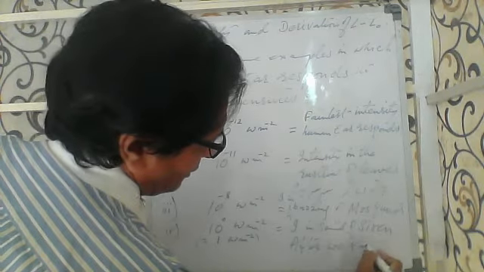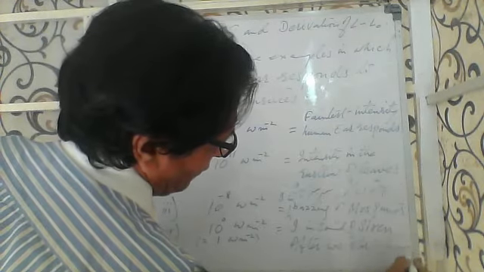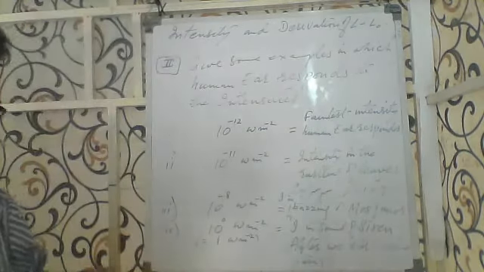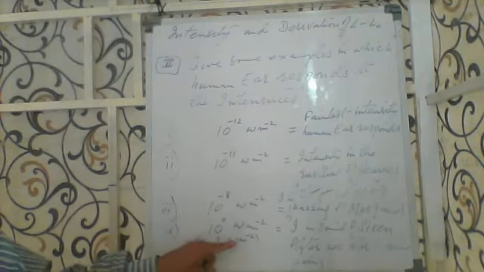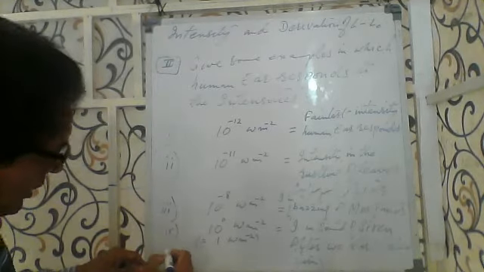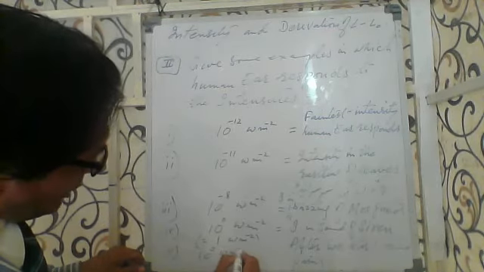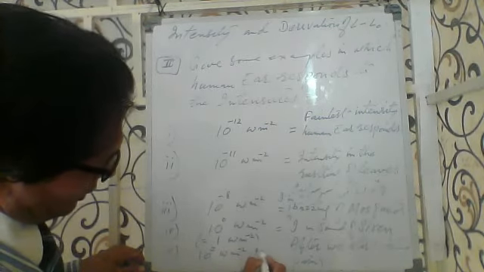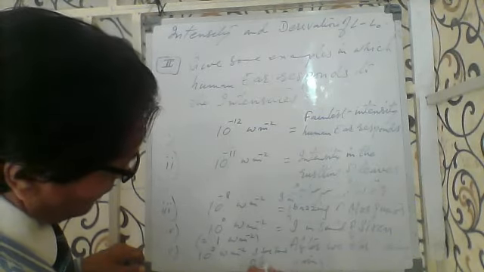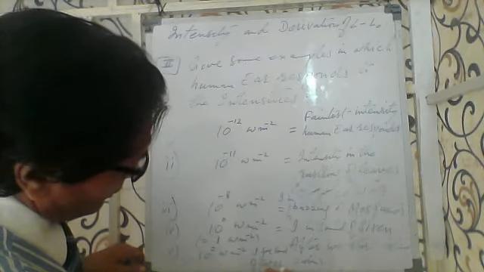After it, we start feeling pain. All the intensities which are greater than 1 watt per meter square give pain to the ear, and its example is 10 raised to power 3 watt per meter square, and that is the intensity for the sound of a jet plane.